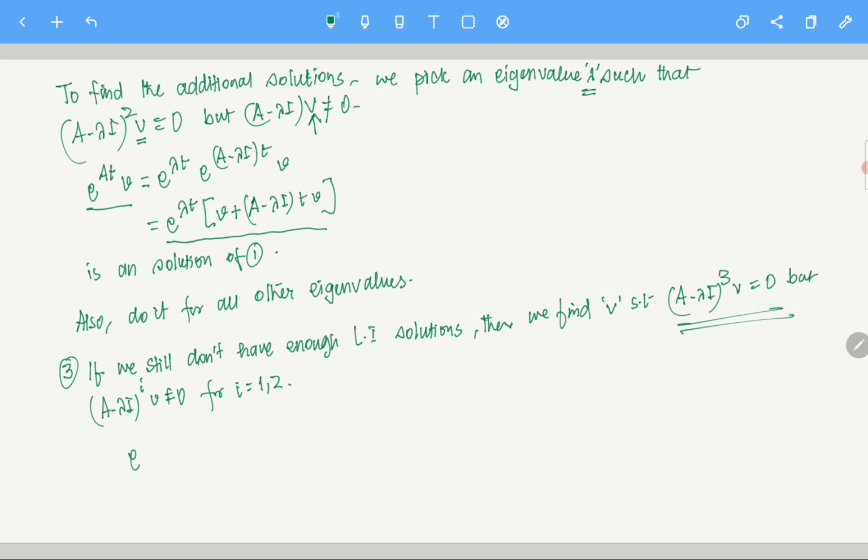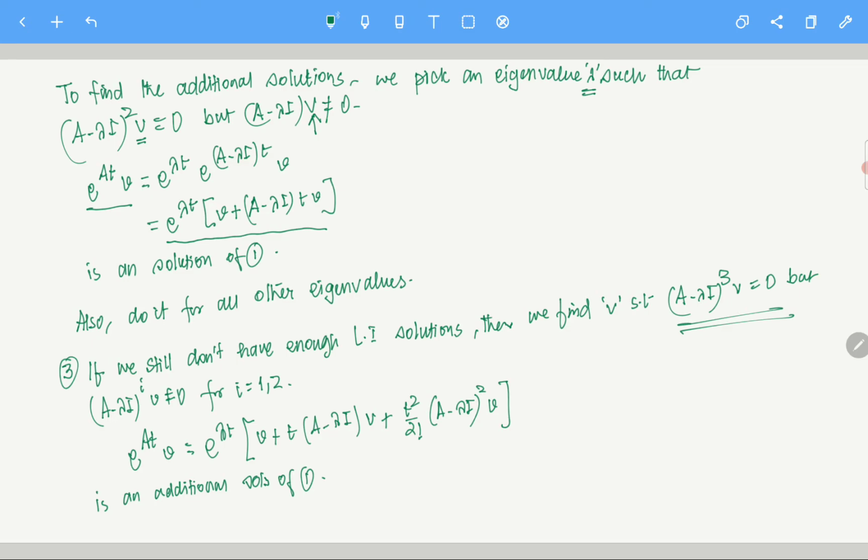If that is happening, then e to the power At times v is e to the power lambda t times (v plus t (A minus lambda I) v plus t squared by 2 factorial (A minus lambda I) squared v). So this is an additional solution of x' = Ax.